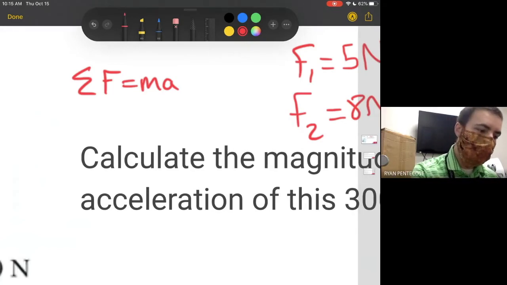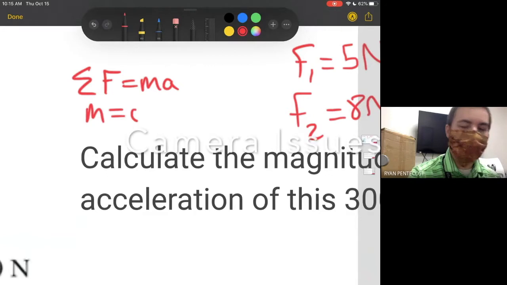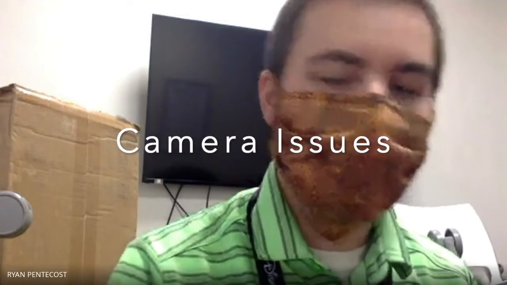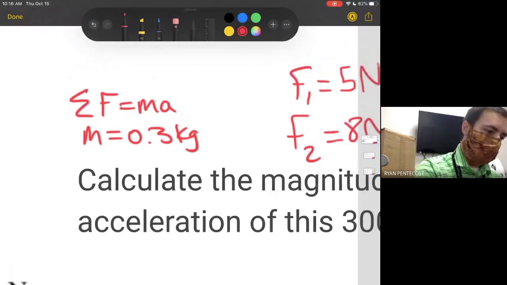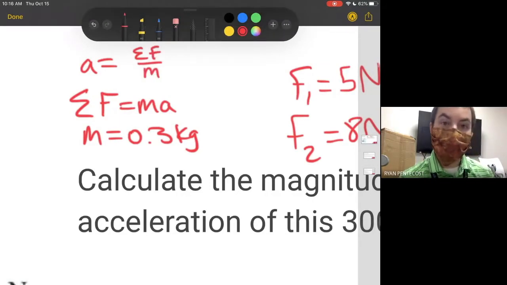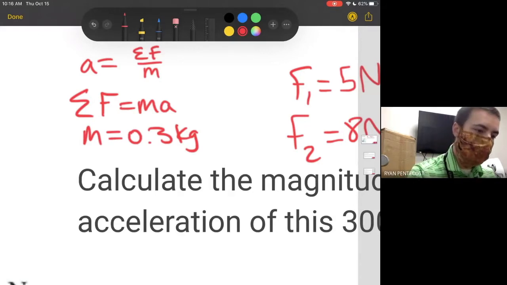We also already have the mass. Mass is 300 grams, which is 0.3 kilograms. So if we want to find acceleration, our acceleration would simply be our summation of forces divided by the mass. So we need to find that summation of forces, and the acceleration will be in the same direction as the summation of forces.